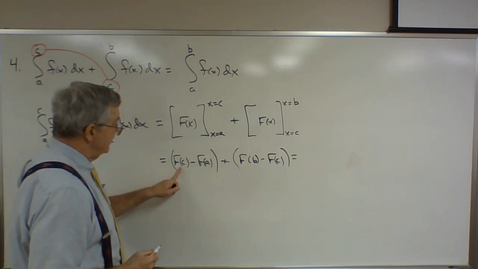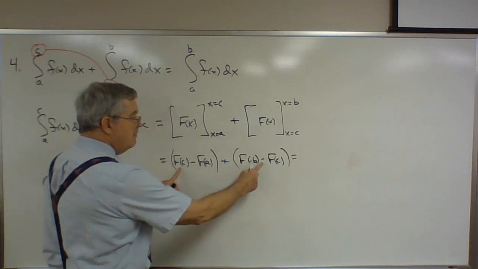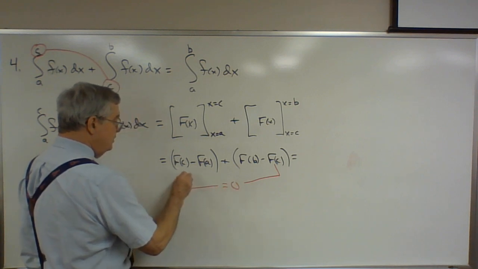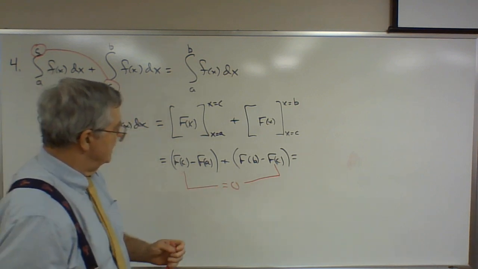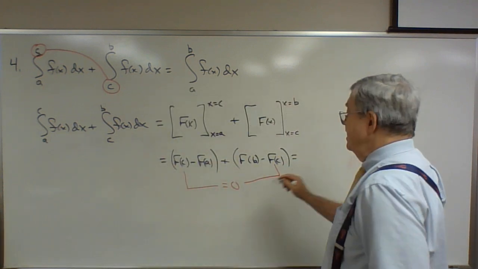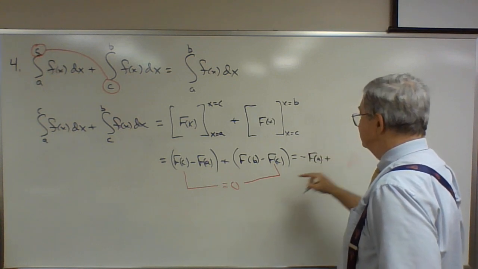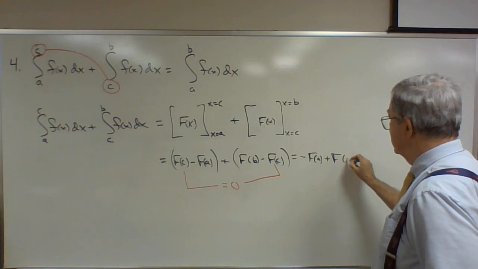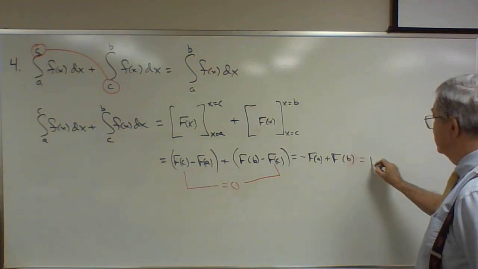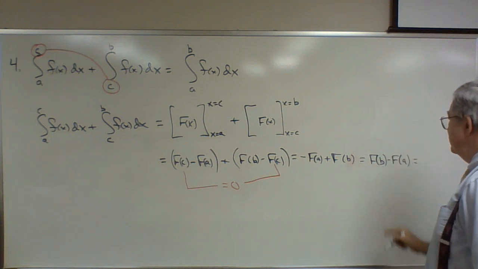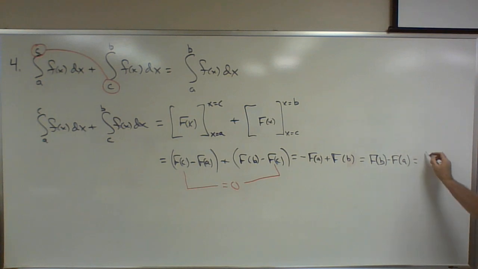We have capital F evaluated at c minus capital F evaluated at c. Those two add up to 0. And what do we have left? Negative capital F of a plus positive capital F of b. And I'll just reverse the order. Capital F of b minus capital F of a. And isn't this the integral from a to b of little f of x dx?